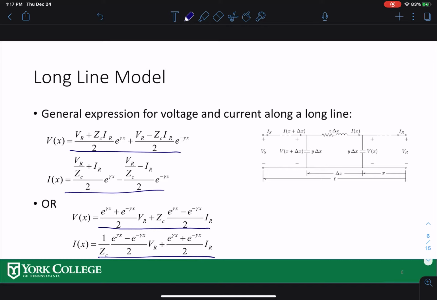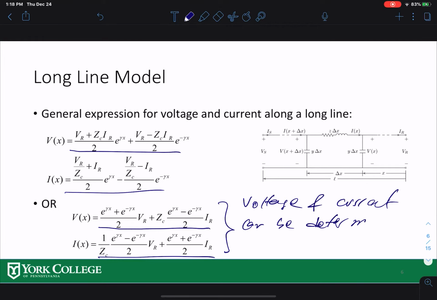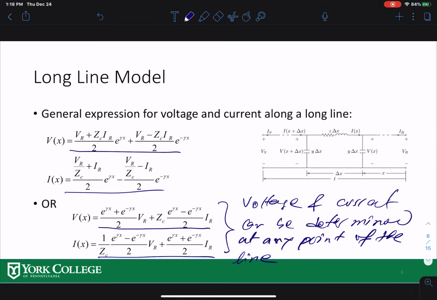Looking at the two equations, voltage and current can be determined at any point of the line, because x could be any point of the line. x is right here, it could be right here, or right here. At any point of the line, you can determine the voltage and current.